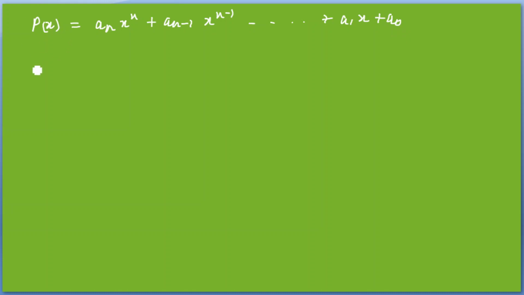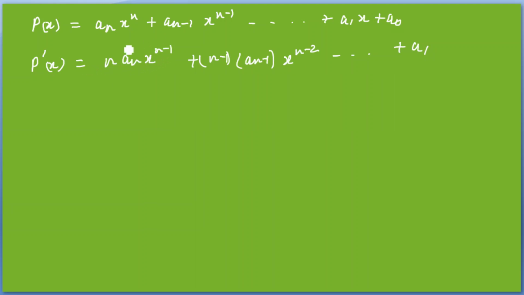Now differentiating this polynomial, we can see it is n times a_n x^(n-1) plus (n-1) times a_(n-1) x^(n-2), and it will go till a1. The constant will be cancelled.